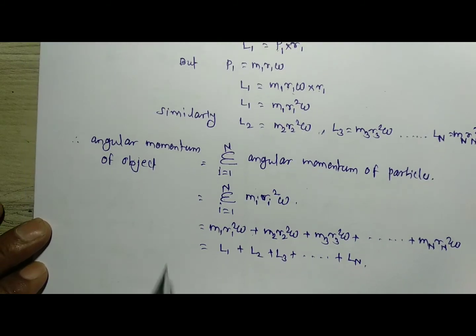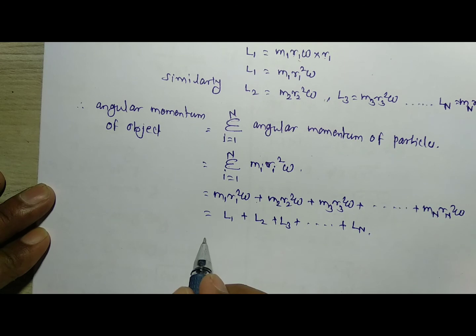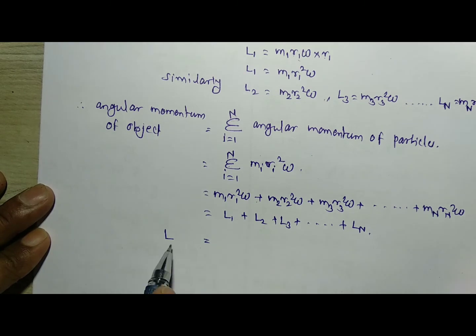By using this consideration we get the angular momentum of that object. Angular momentum L is equal to the summation of i from 1 to n of mi ri square into omega.